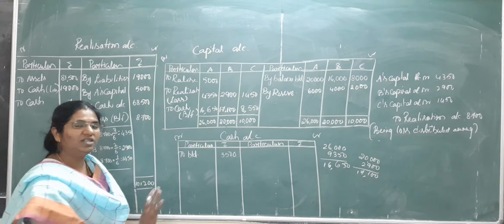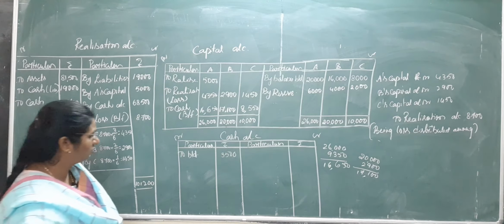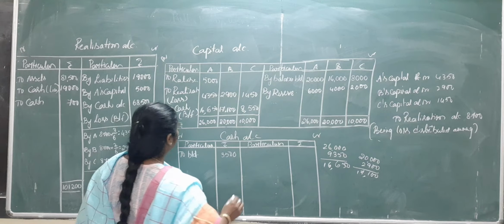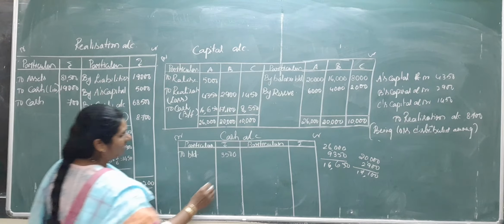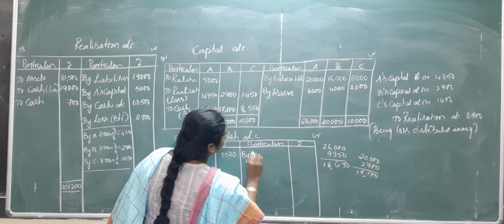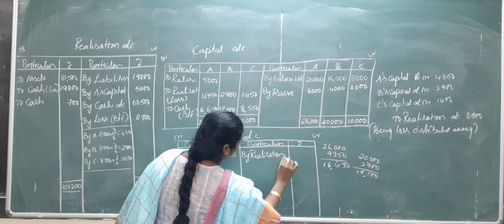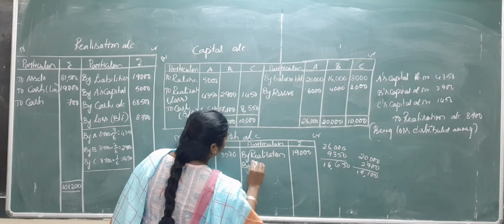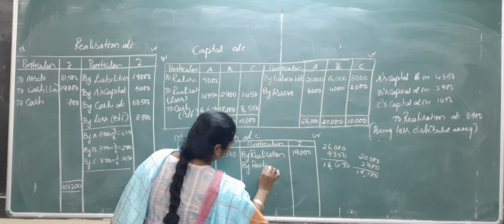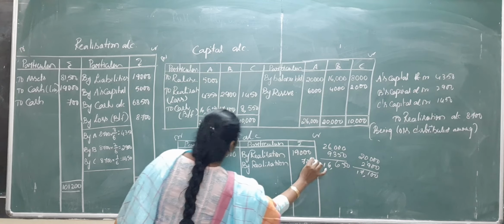So let's post these amounts in the cash account. If the cash account is closed, our problem is correct. So right over here for each and every cash balance, we have cash paid. So write here by realization account for liabilities 19,000, and for payment of discounted bill, that is by realization 700.